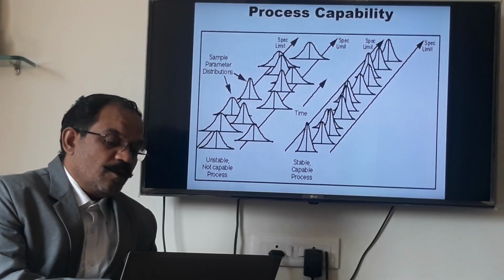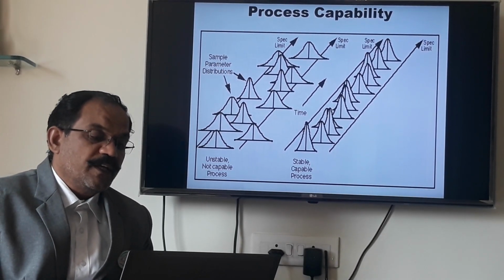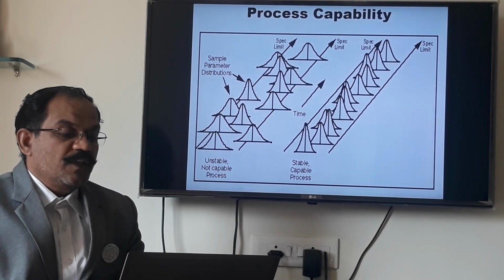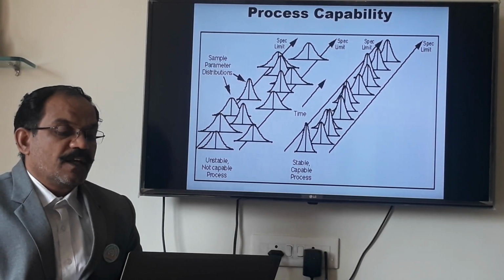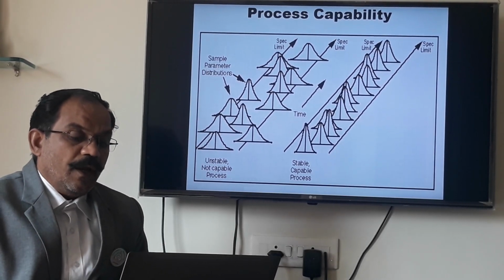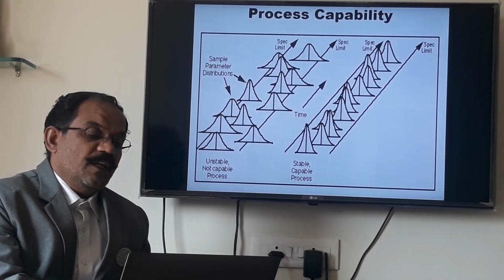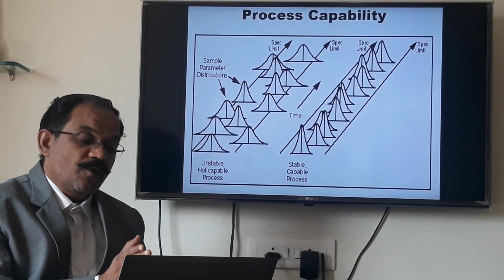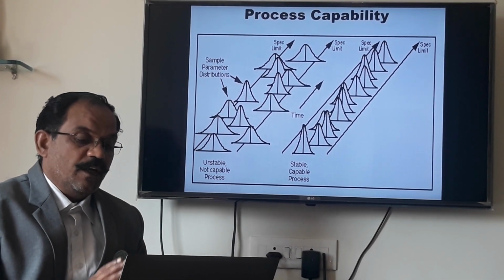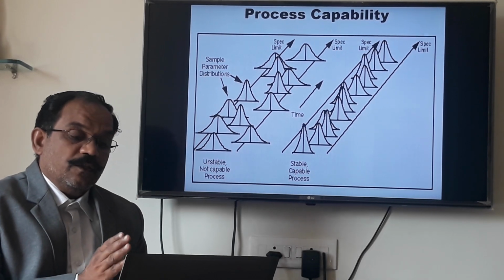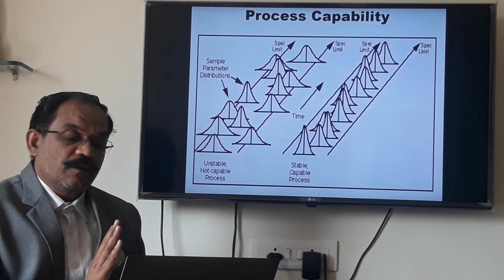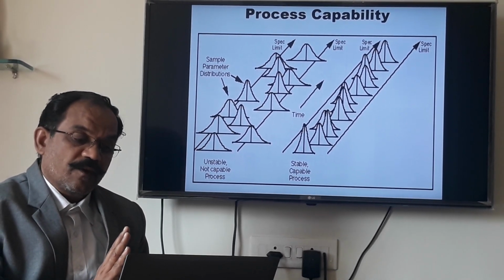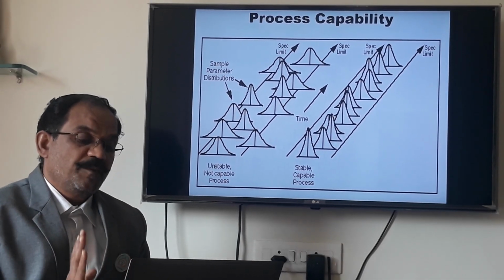In the first figure, specification limits are shown, and some normal distribution curves are falling on the specification limit, some are falling in the center. But in the second, you will find that all the normal distribution curves, all the processes, are falling within the specification limits.